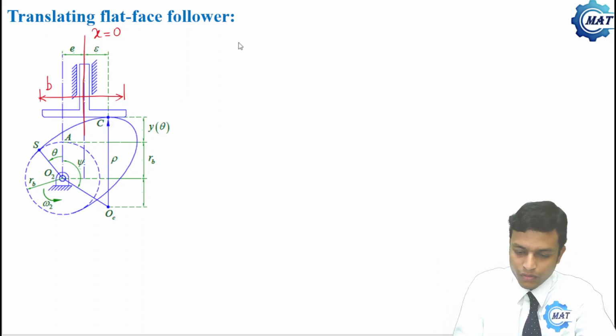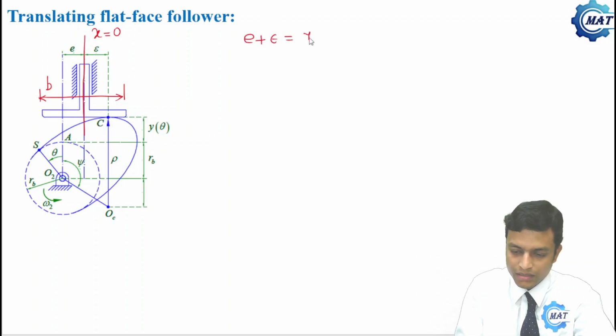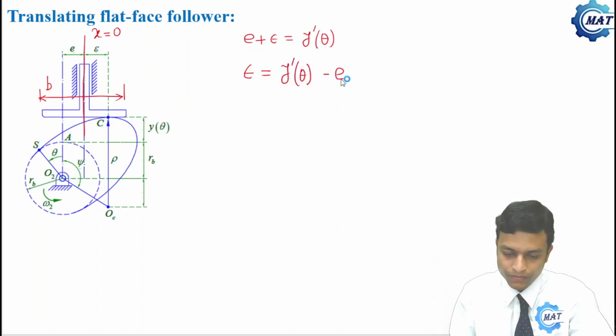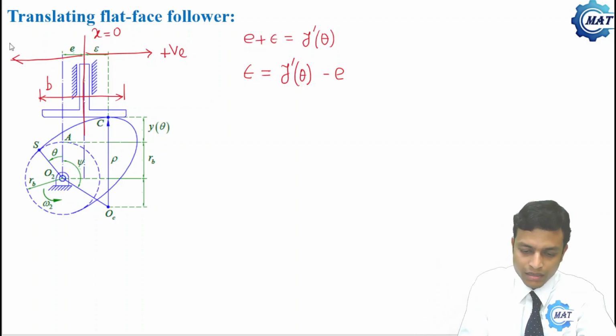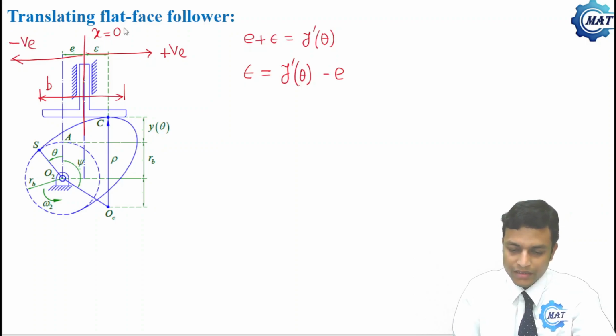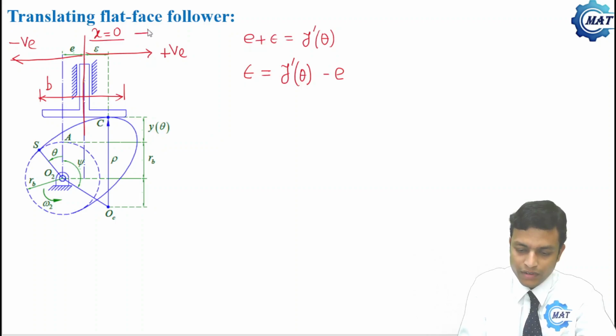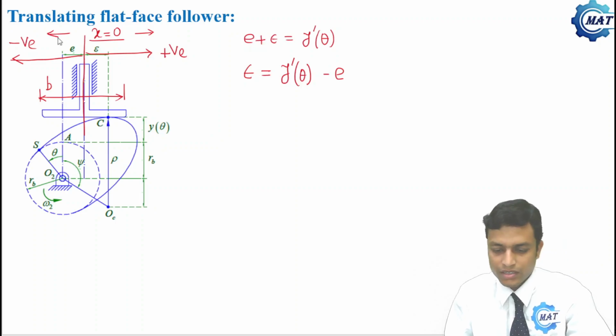Now we have noted that E plus epsilon is equal to y prime theta, that is, epsilon is y prime theta minus E. Let us consider that epsilon in right hand direction is positive and epsilon in left hand direction is negative. That is the value of x. X is positive along this direction and negative along this direction.